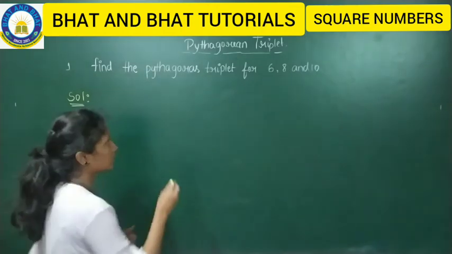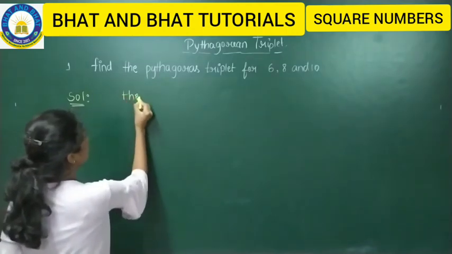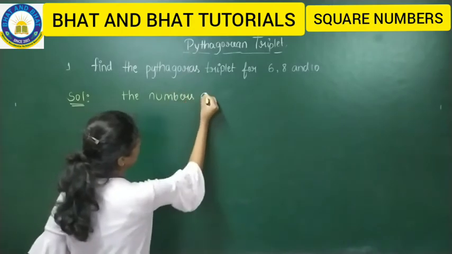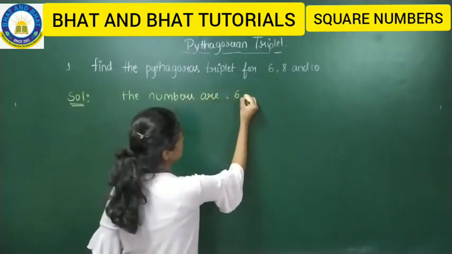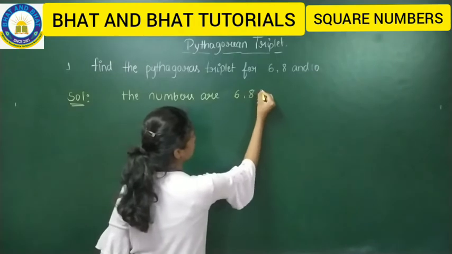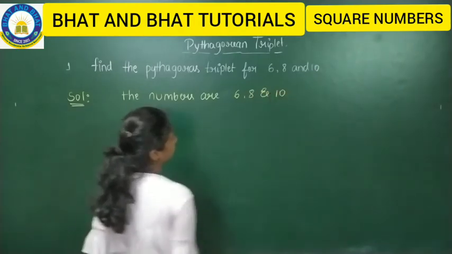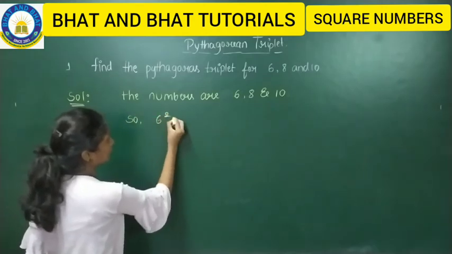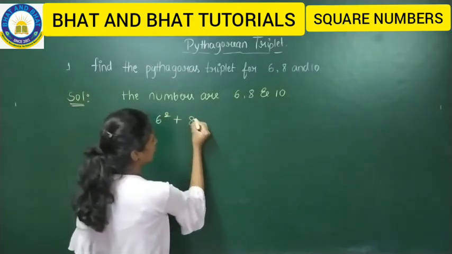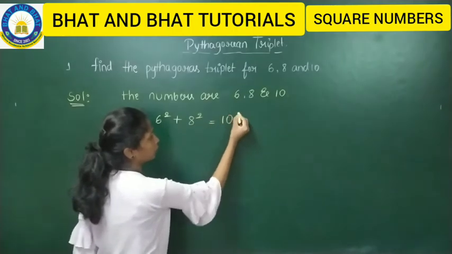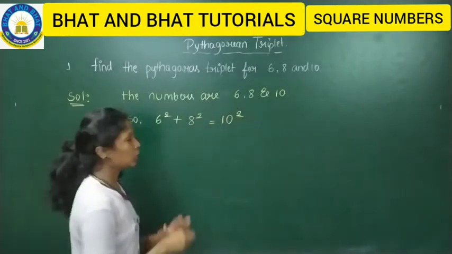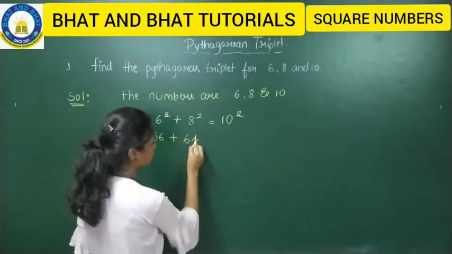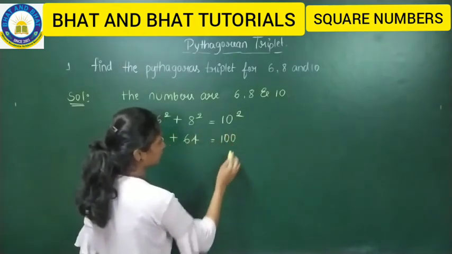How to find it? See, the numbers are 6, 8 and 10. So 6 square plus 8 square is equal to 10 square. 6 sixes are 36, 8 eights are 64, 10 tens are 100.